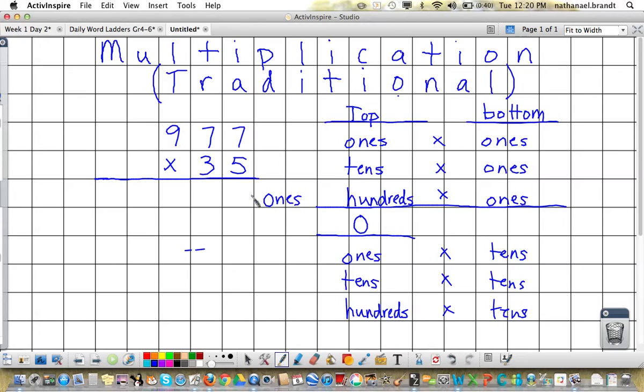So this line is going to have the product of the top numbers multiplied by the ones place. Then the next row is going to be the product, the answer, of our top numbers multiplied by the tens place in the bottom number. And this is where the 0 comes in. We're going to put a 0 right here because this is the tens place.